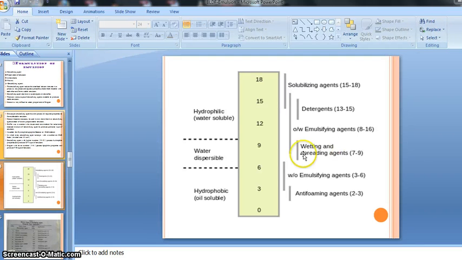That's why they are called wetting and spreading agents. Spreading agents and wetting agents show the water dispersible property, which is why they fall between 6 and 10.